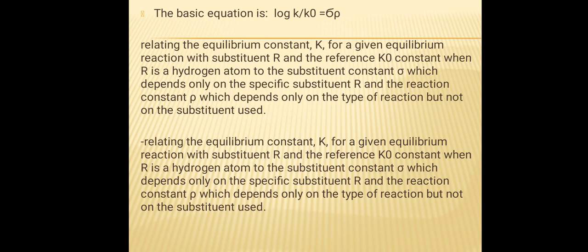The Hammett equation relates the equilibrium constant K for a given equilibrium reaction with the substituent R and the reference constant K0, when R is the hydrogen atom, to the substituent constant sigma, which depends only on the specific substituent R, and the reaction constant rho, which depends only on the type of reaction but not on the substituent used.